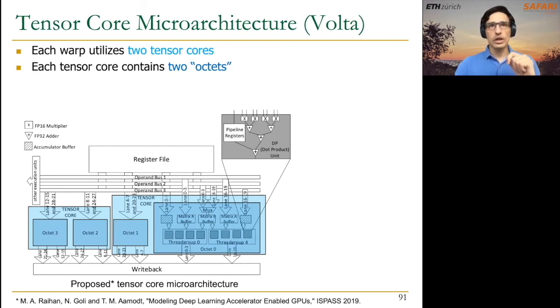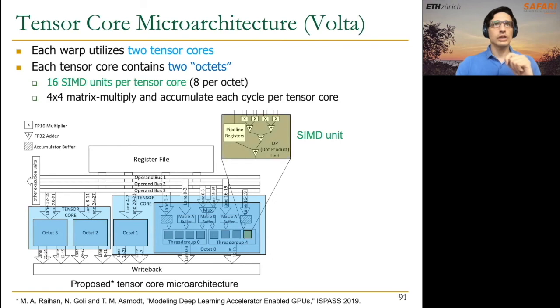Now if we take a closer look at each octet, we see that it also has 2 thread groups, and in each thread group there are SIMD execution units. In particular, one SIMD execution unit is what you can see here, which performs a dot product operation. Several operands are fed here.